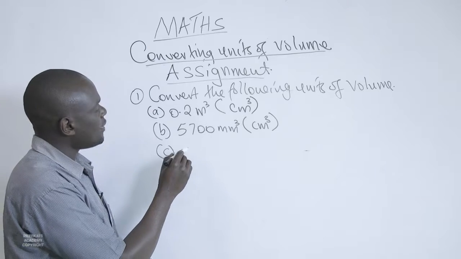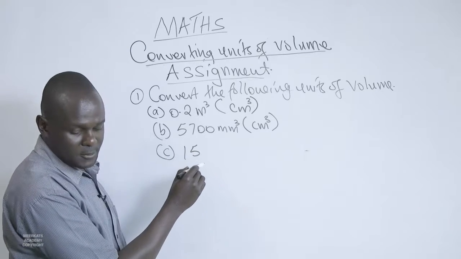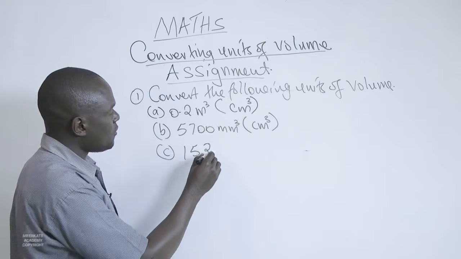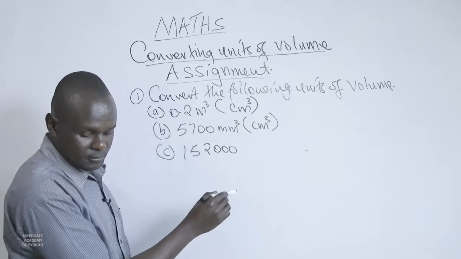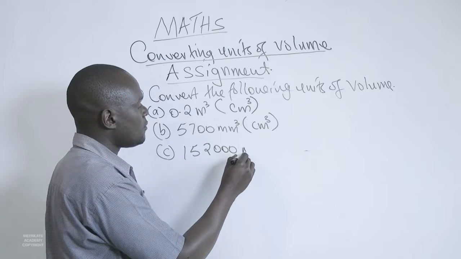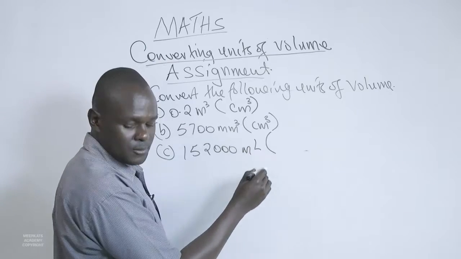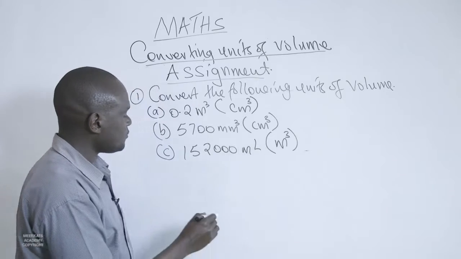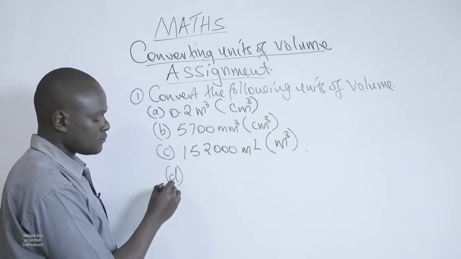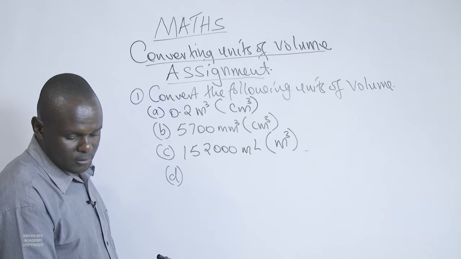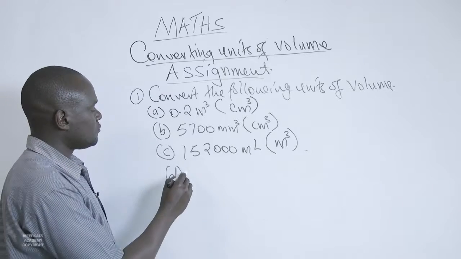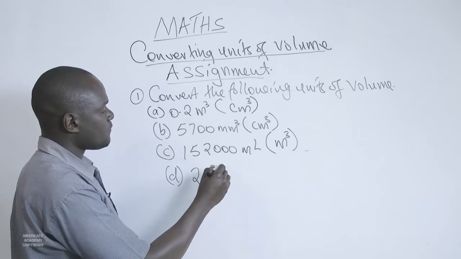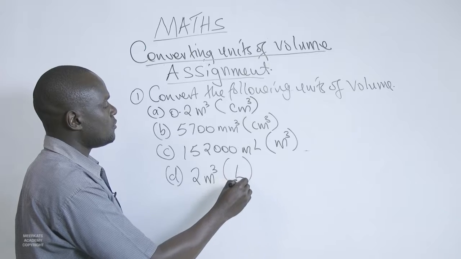You can also convert, these are some special units, 152,000 milliliters to cubic meters. You can also look at 2 cubic meters. You convert that to liters.